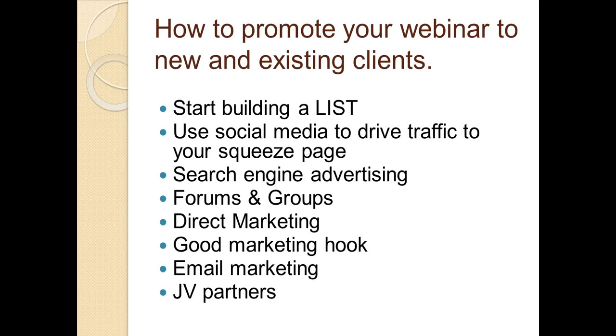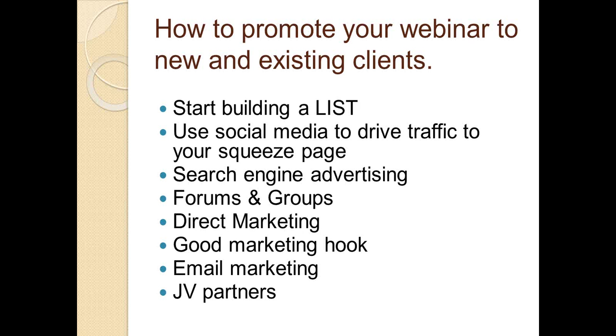And the last but not least is JV partners. Now, JV partners are joint venture partners, and you've probably heard this term before quite a lot on the internet. Basically what it means is that you can approach other people to have a partnership with you on your webinar, so that they bring their list to you.